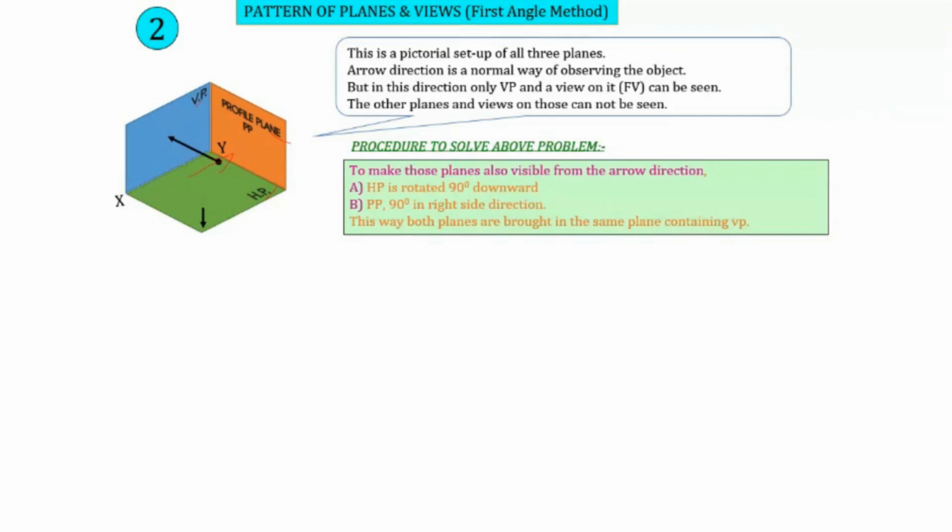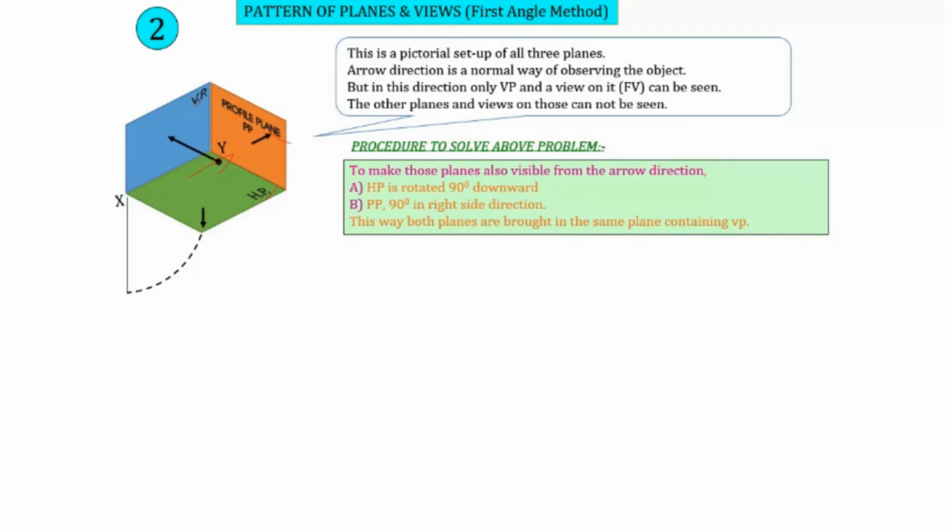How to do it? What we do is, we first rotate the HP, the horizontal plane, 90-degree downward, or we rotate the HP 90-degree in the clockwise direction. That is like this, 90-degree clockwise.